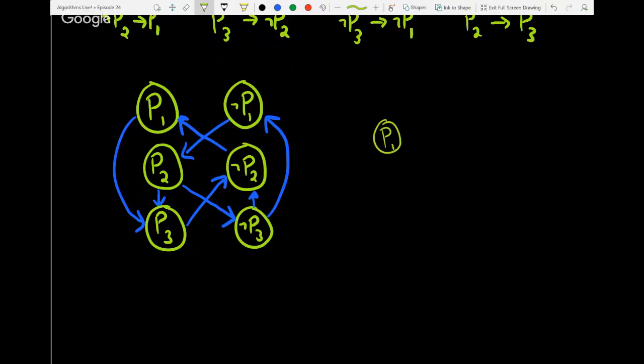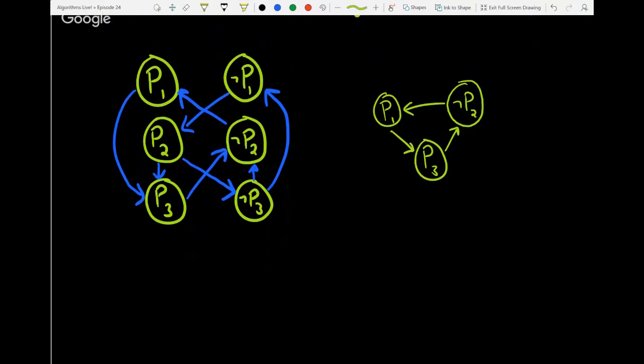P1, not P2. We'll just put these three in the cycle, P3. So it looks something like this. And then the other three are also in a cycle: not P1, P2, not P3. This one will be easier to see if there's a cycle.